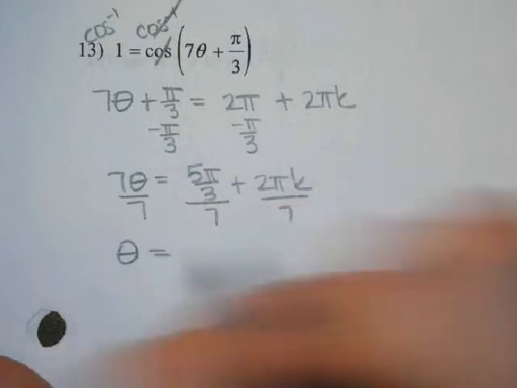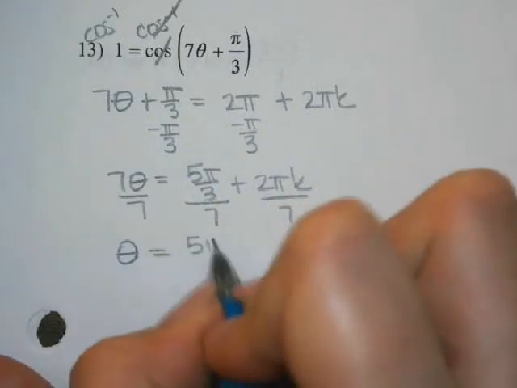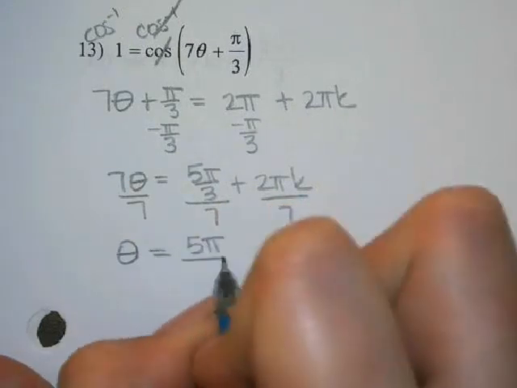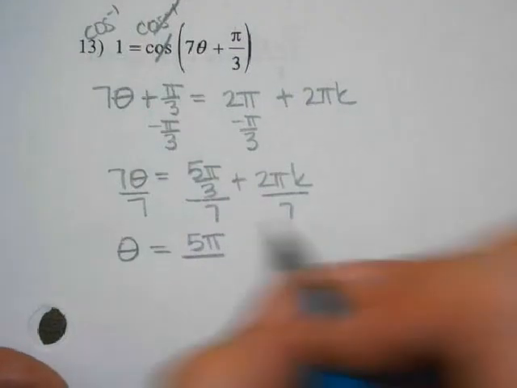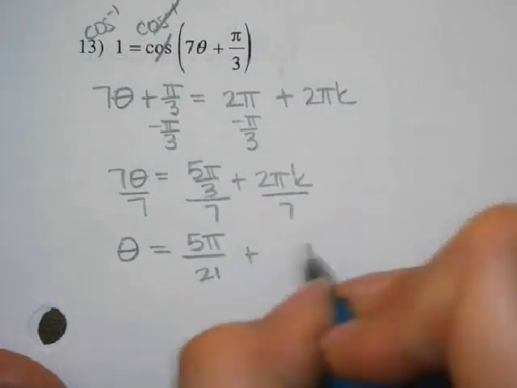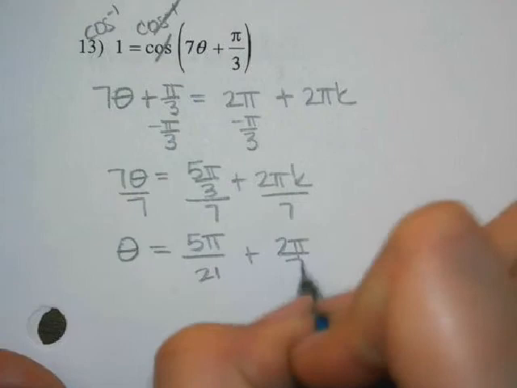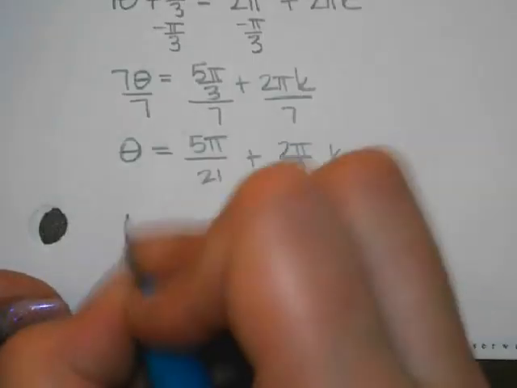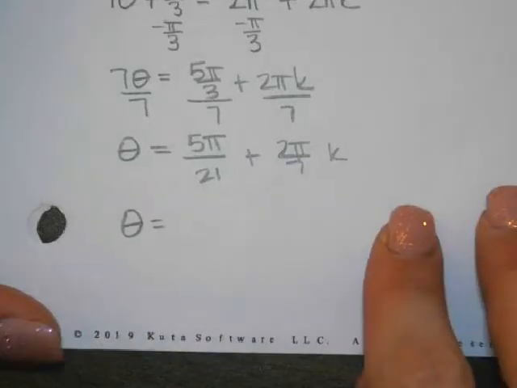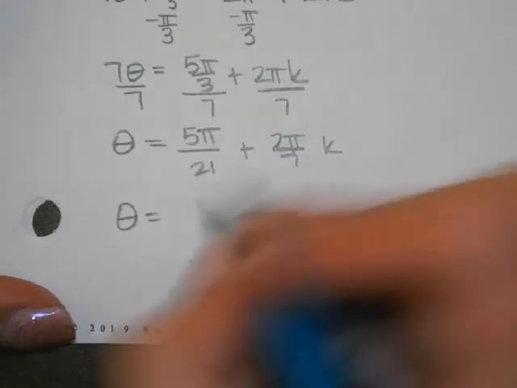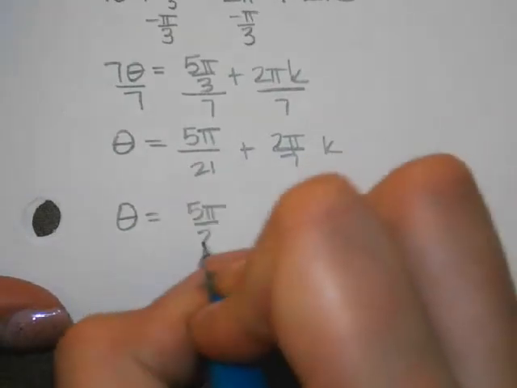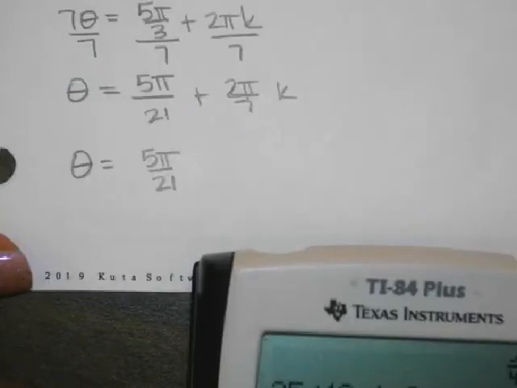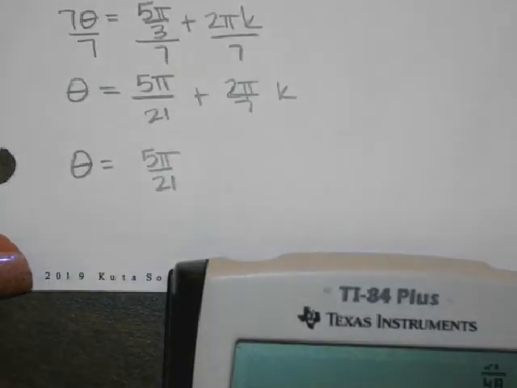So theta equals 5 pi over 21 plus 2 pi sevenths k. And we are expecting 7 answers. So we've got 5 pi over 21, and then I'm going to go ahead and add 2 sevenths.